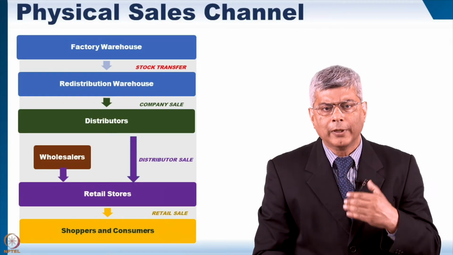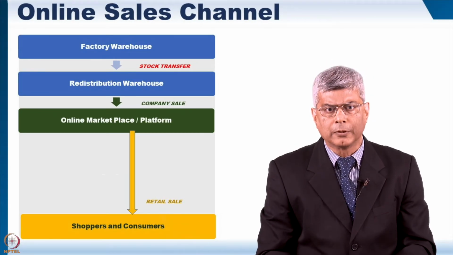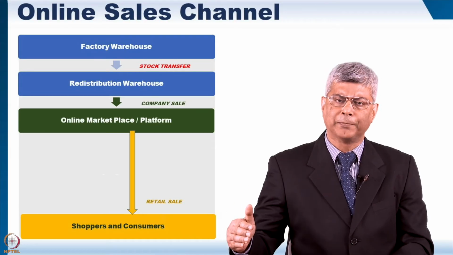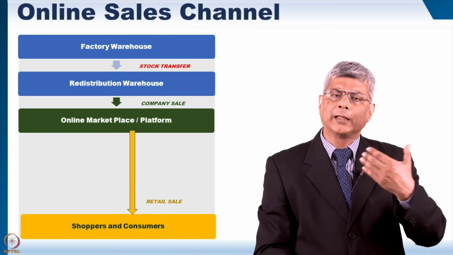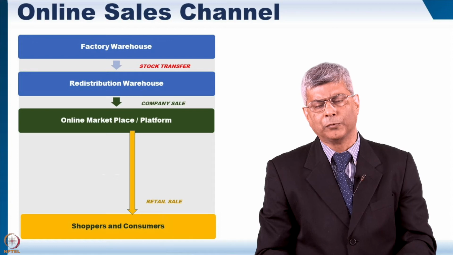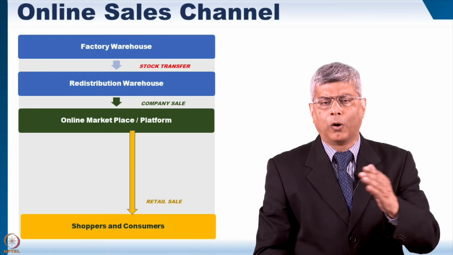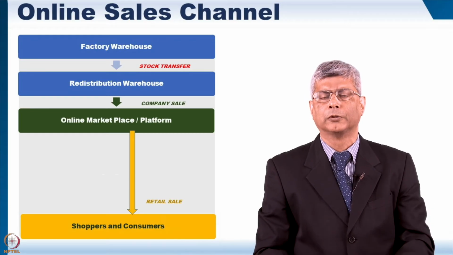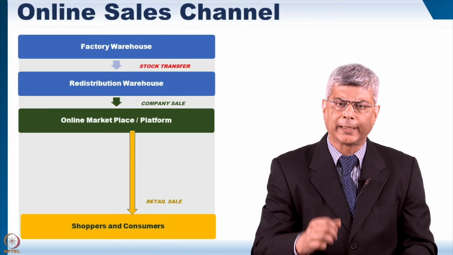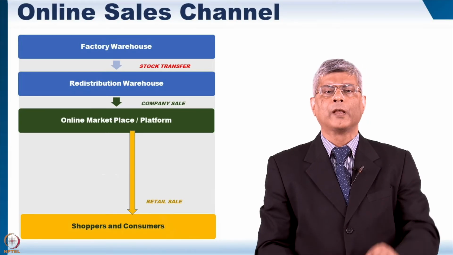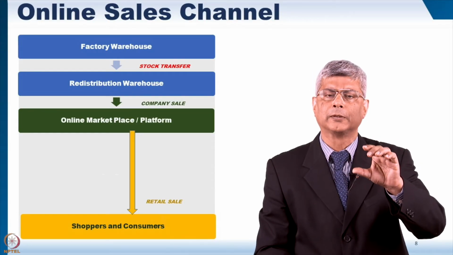Let's now look at a few actual examples. But before I go to the actual examples, I just wanted to highlight to you that if you buy a product from an online channel, which is Amazon or Nykaa or Flipkart, or from an advertisement in Facebook or Instagram, or a company website, some of the factory warehouses, redistribution warehouses remain the same.